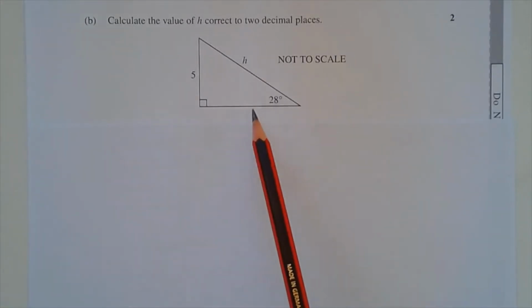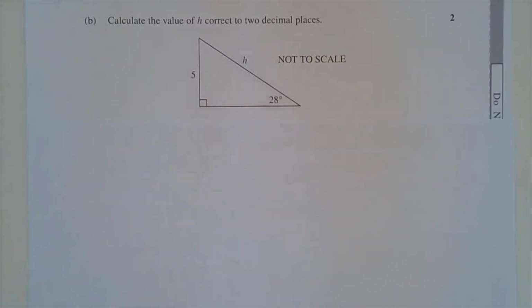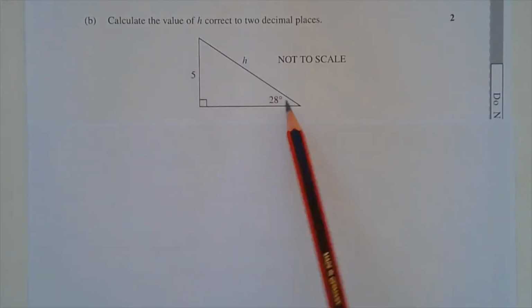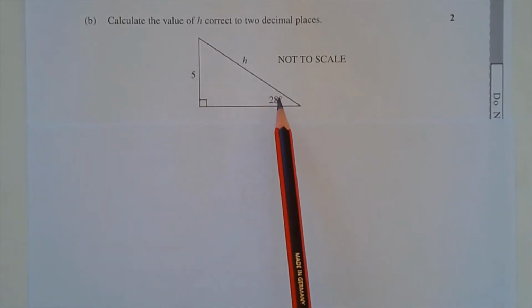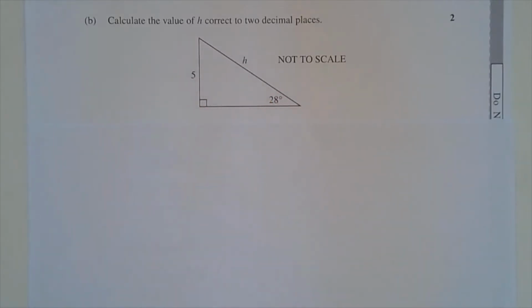So we have a known angle, we have a known side, we'll need to find the unknown side. The next thing is whether we use sine, cos, or tan. And that depends on where the sides are relative to the 28-degree angle. Now the 5 is opposite the 28 degrees and h is the hypotenuse. So from SOH CAH TOA, we need to apply the sine ratio.